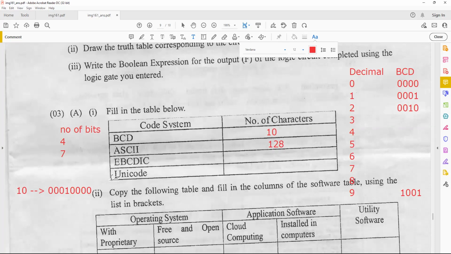Similarly, EBCDIC, how many bits are we using? Eight.